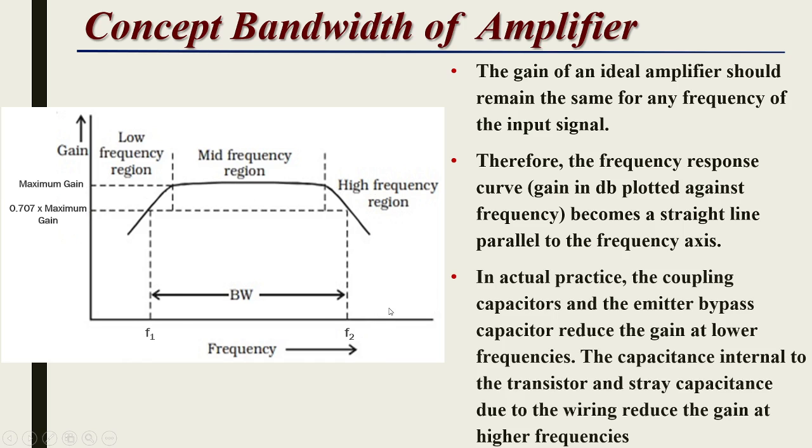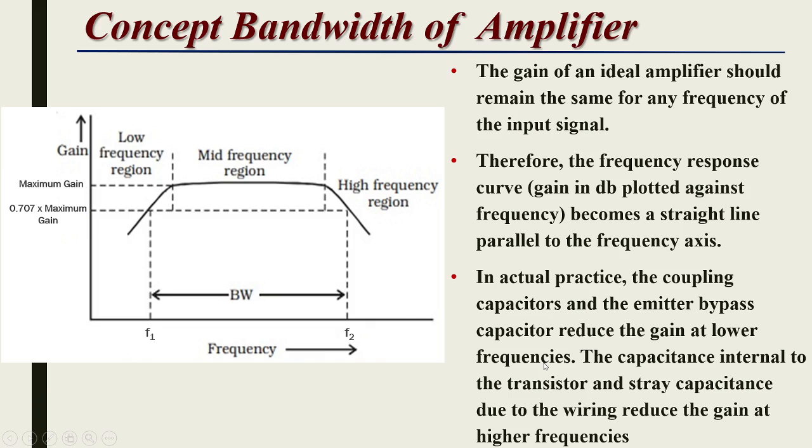But in actual practice, this does not happen. The coupling capacitors and the emitter bypass capacitor reduce the gain at lower frequencies. That means because of the input coupling capacitor and the emitter bypass capacitor, the gain at these lower frequencies is decreasing.